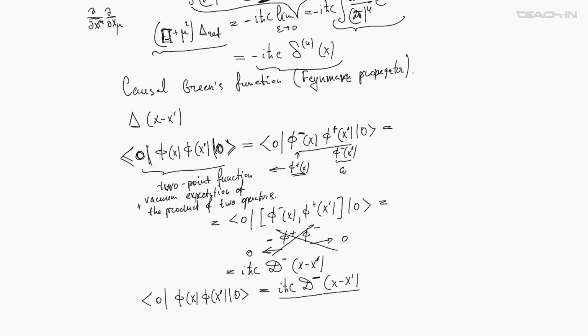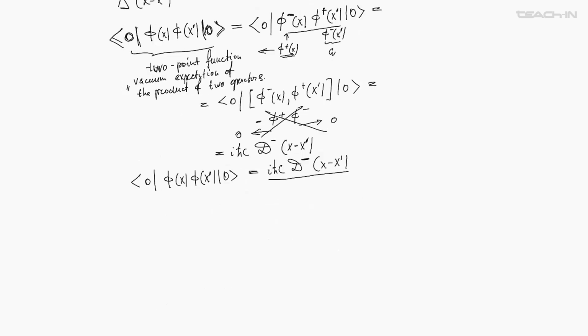Now, on the other hand, if you think physically about what is written down on the left-hand side, you can say that what is written down here is an amplitude.